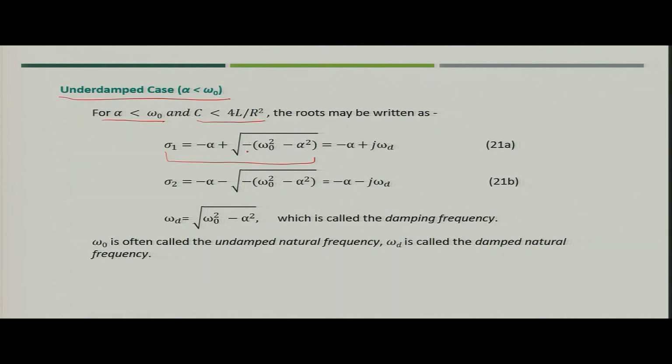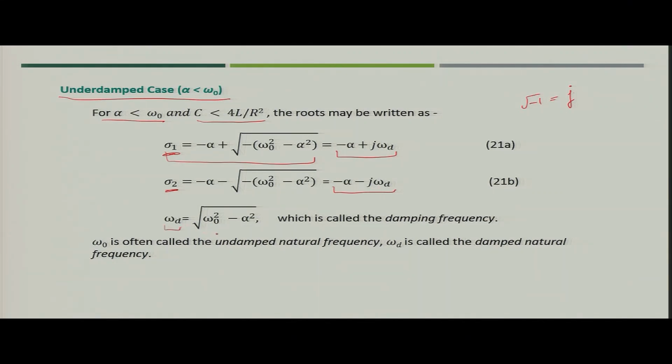When you see the root of minus 1, you can simply represent it with the complex variable j. So, you can say that sigma 1 is minus alpha plus j omega d, and sigma 2 you can write as minus alpha minus j omega d.